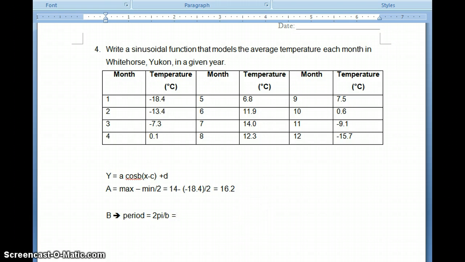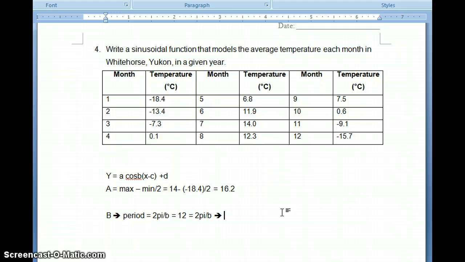We don't know what our value b is, but all of this happens over the time period of one year, which is also equal to 12 months. So we'll do 12 months is equal to 2 pi over b. From here we just solve for our unknown b. You can do that by multiplying by b to get it up into the top fraction, and then dividing by 12.